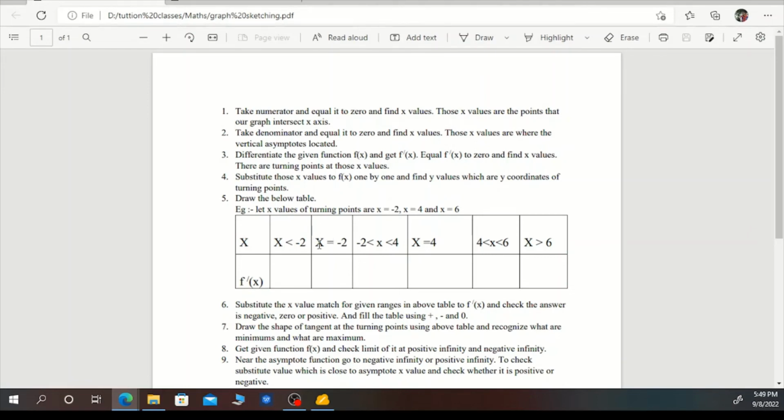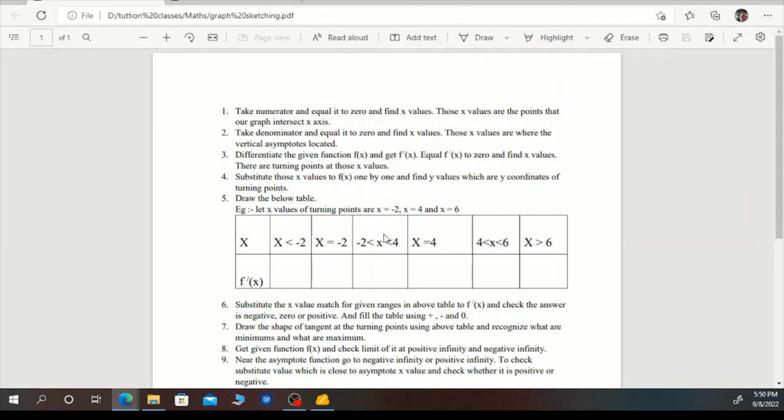So first, if you observe this x value range, we always consider what happens near the turning point value. So x equals minus 2: when x is smaller than minus 2, what happened? Then when x is greater than minus 2 and smaller than 4, because another x value is x equals 4. So when x equals 4, what happened?